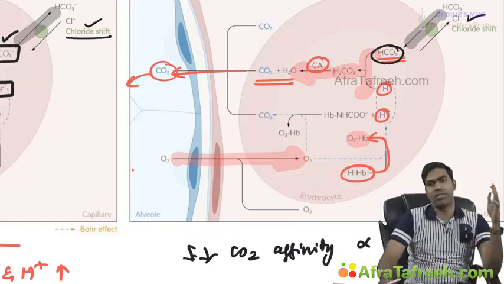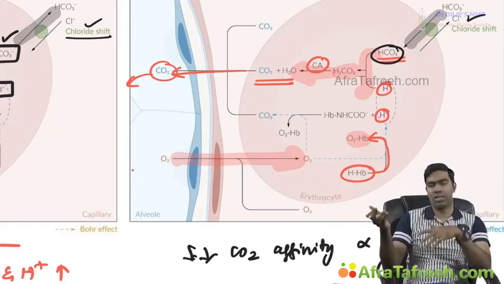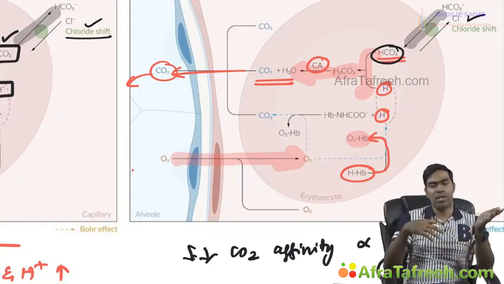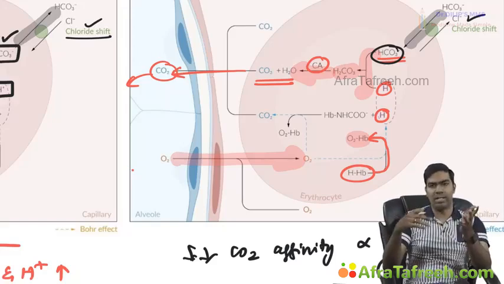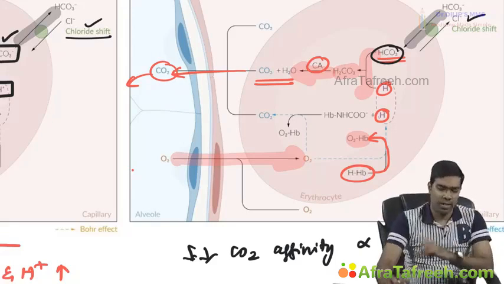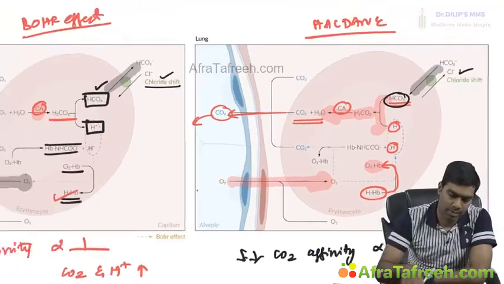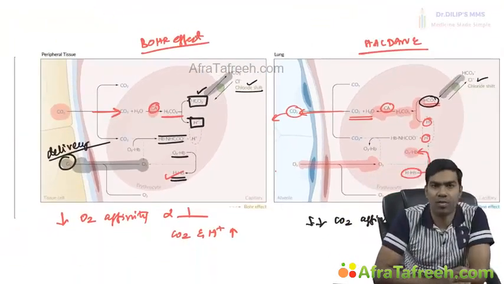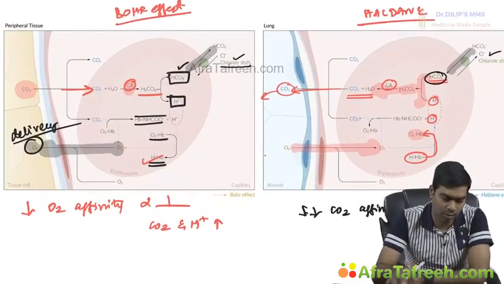This chloride shift is very important for the RBC, because without it the bicarbonate can neither move out of the cell nor move into the cell, and this movement is quite important to perform all this process in the first place. So this is what we define as Bohr effect and Haldane effect, and I also told you in brief detail about the chloride shift.